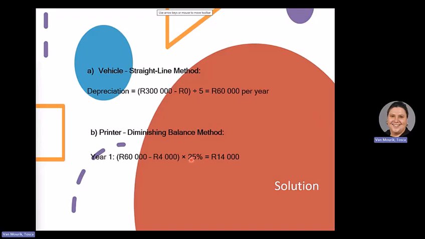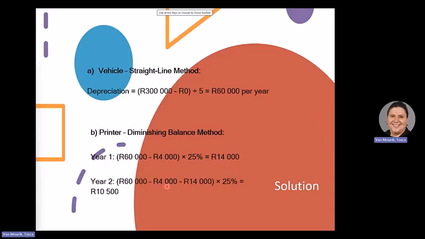The scenario gave us 4 years, so we can also have it over 4, divided by 4. So that is 14,000. So for year 1, which is the 2024 financial year end, that is a 14,000 depreciation for the printer. But we want to know the depreciation in year 2, which is the 2025 depreciation.